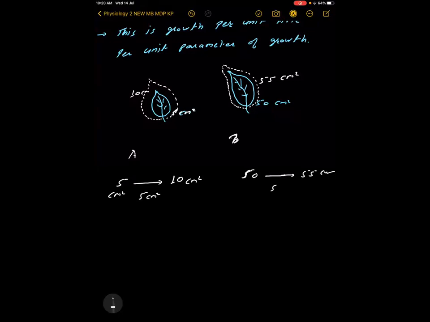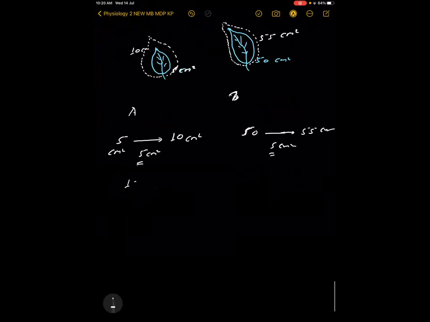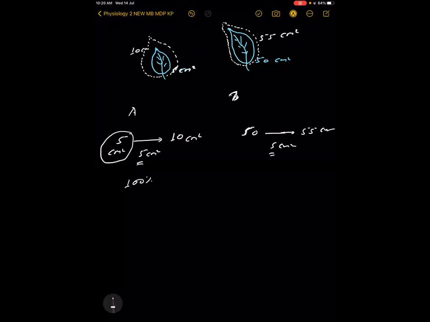Both cover 5 centimeters only. But in A, it grows 100%, because it grows from 5 to 10, just double the initial parameter.